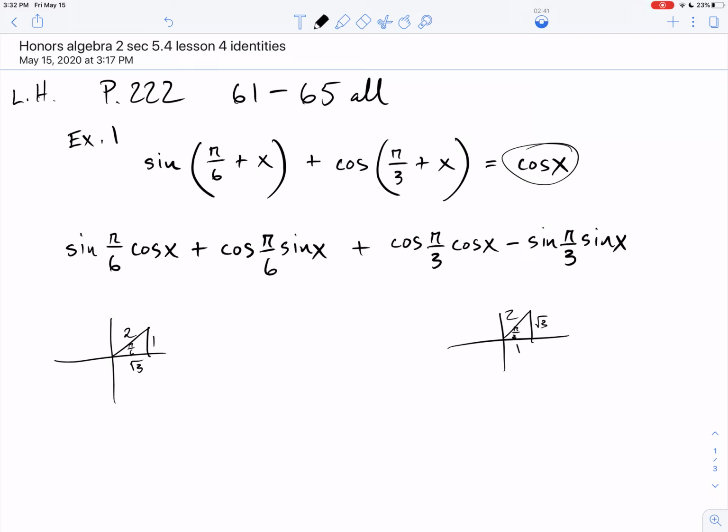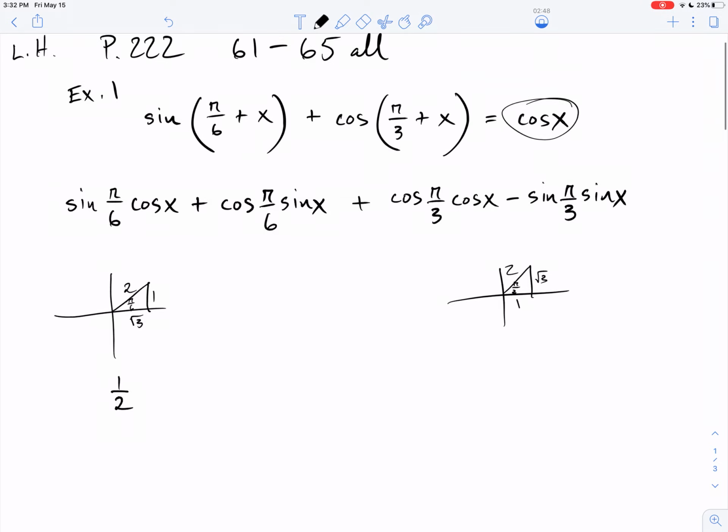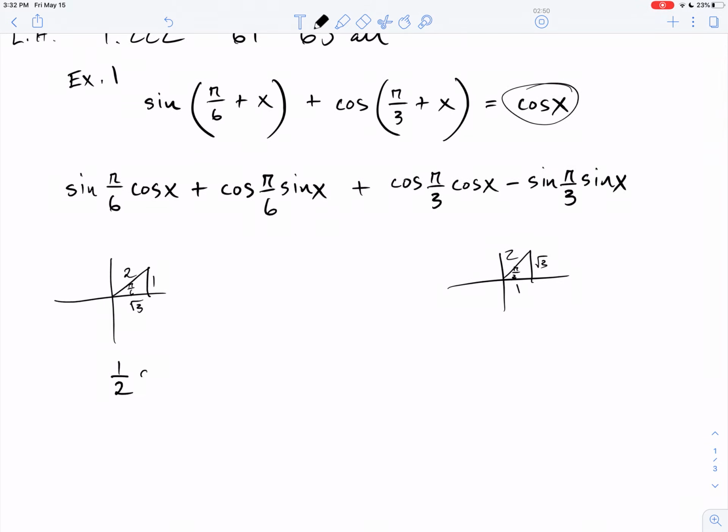So where I say sine of pi over 6, that's the same as 1/2. What's it going to be? 1/2 of cosine x. I'm just working right here, guys. This is my stuff. Plus, now let's do the cosine of pi over 6. Well, that's just rad 3 over 2 times the sine of x.